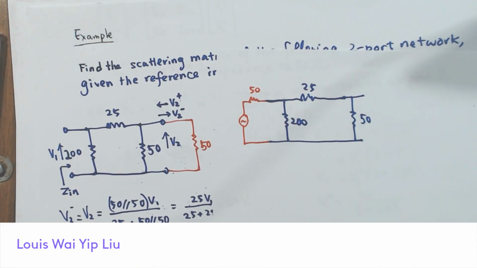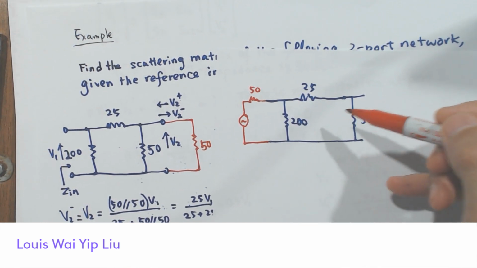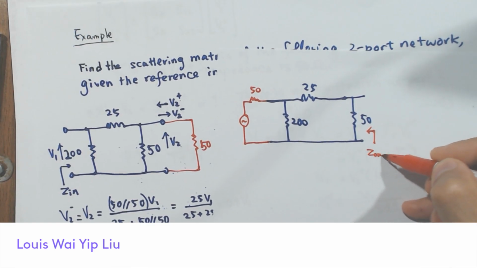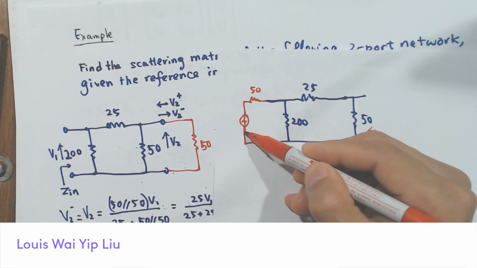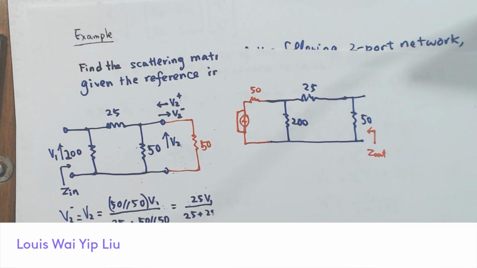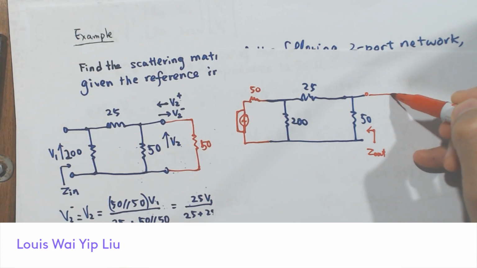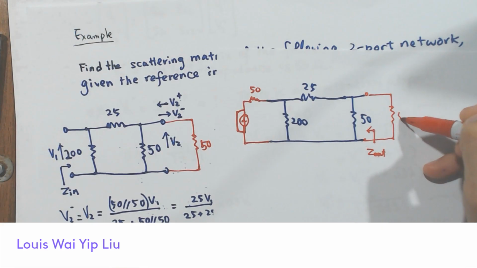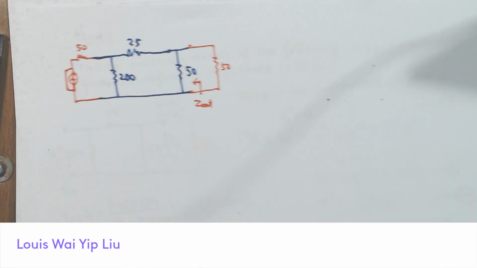But we are now looking at the output impedance. Output impedance. This is what we are looking at. And what we need to do is we short circuit this. And with this in mind, then we will find out the gamma. We will find out the gamma at this point. Now, right, so let's do it.